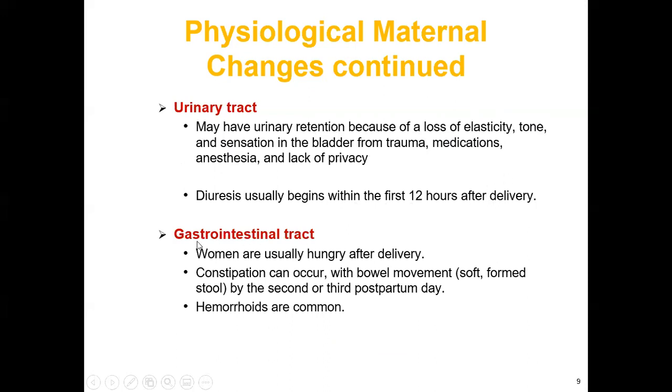What else? Gastrointestinal tract or bowel, right? Women are usually hungry after delivery. Constipation can occur, with the bowel movement by the second or third postpartum day.